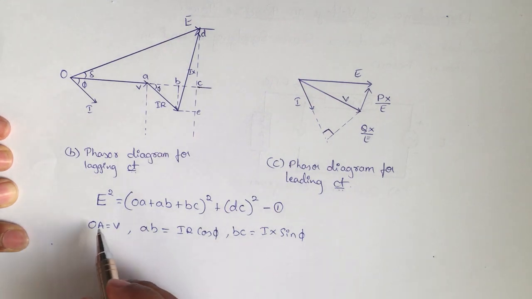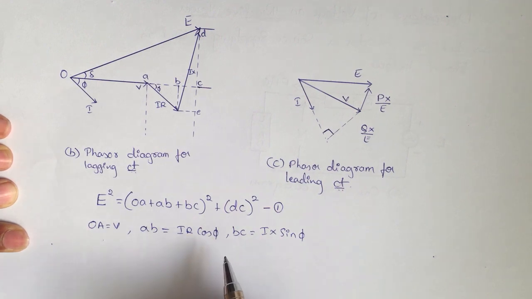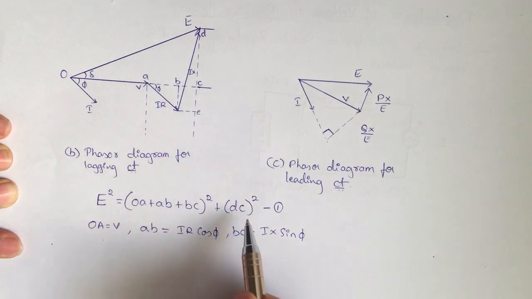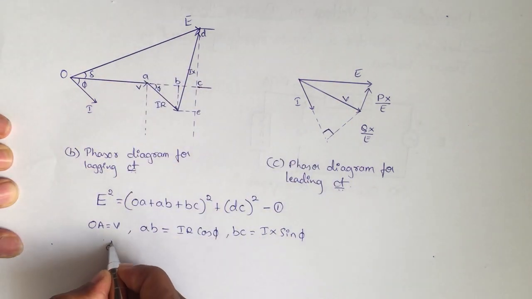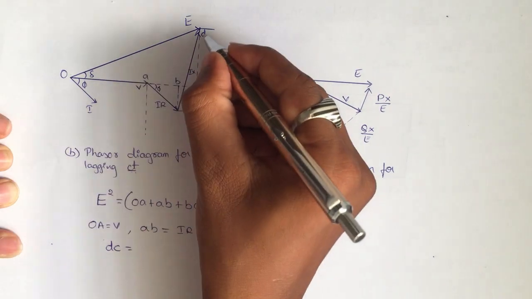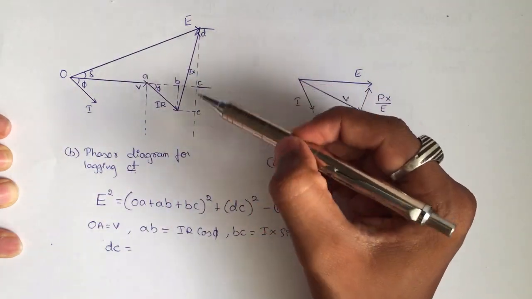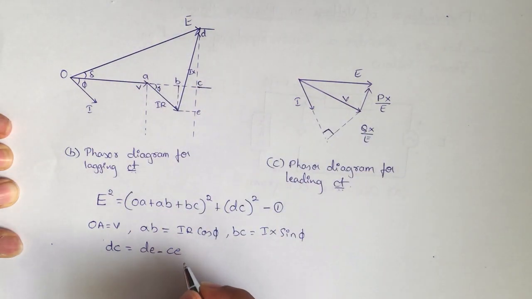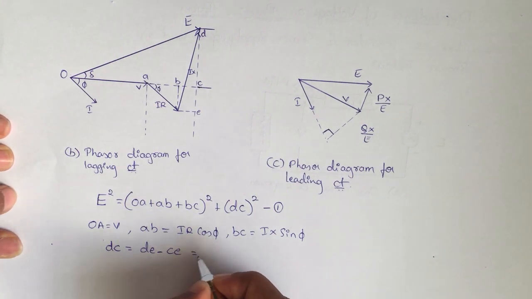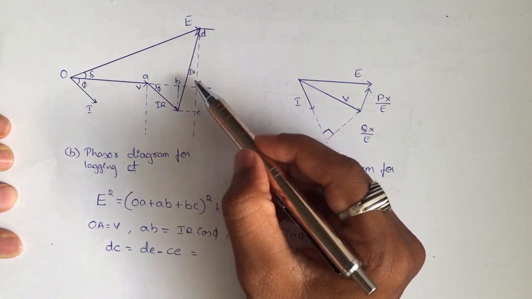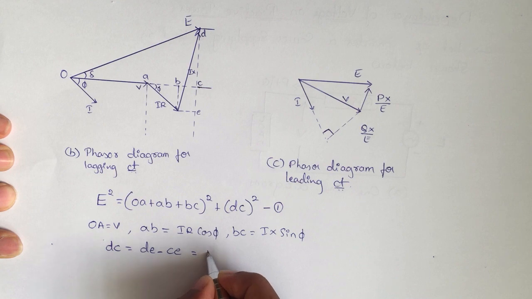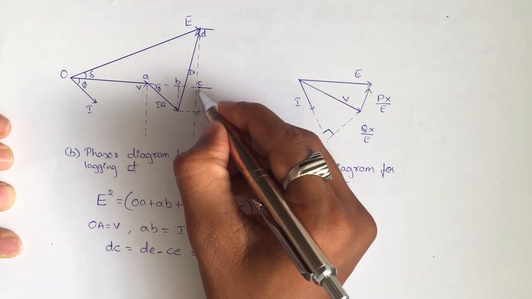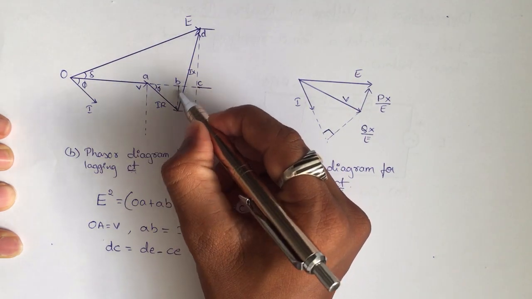Fine. Now we have the values of OA, AB and BC, but we don't know the value of DC yet. DC can be represented as DE minus CE, where DE is IX cos phi, minus CE, which is nothing but our B value.